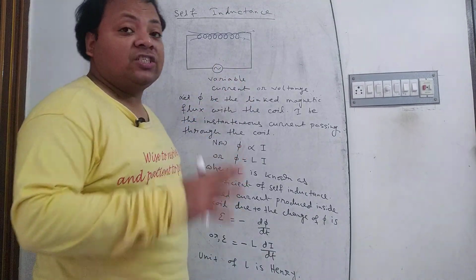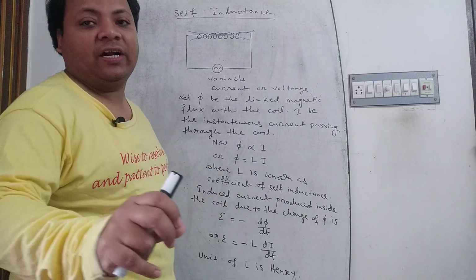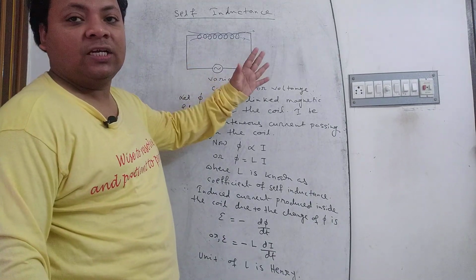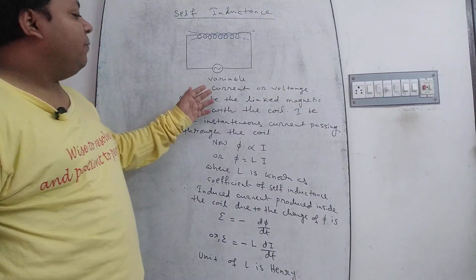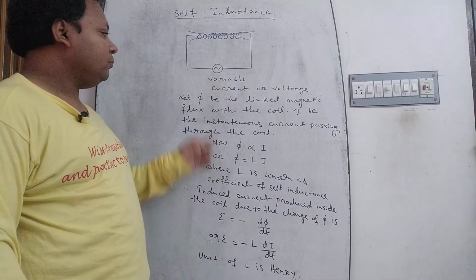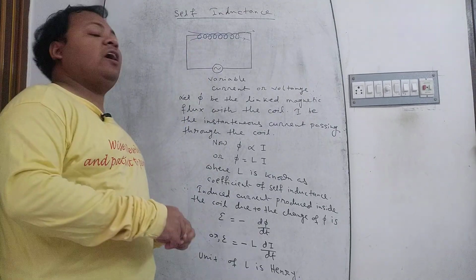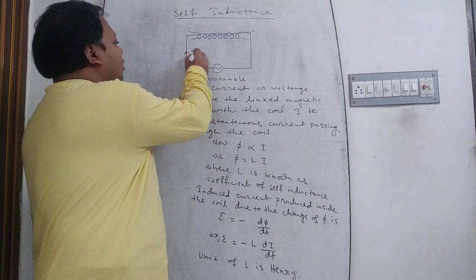This phenomenon is known as self-inductance. Let phi be the linked magnetic flux with the coil and I be the current passing through this coil.